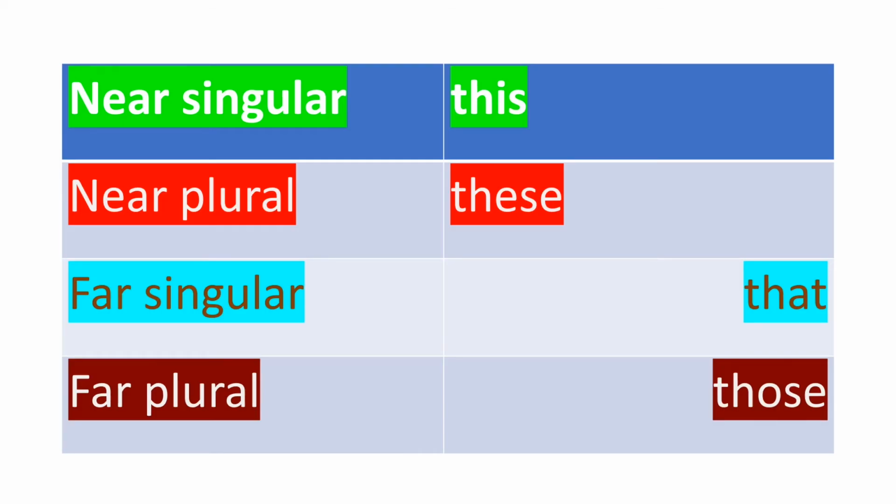Near singular, I use this. Near plural, I use these. Far singular, I use that. Far plural, I use those. Singular or plural, far or near. We'll do an example now.